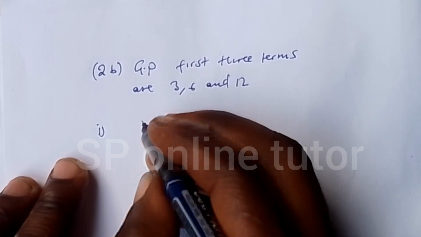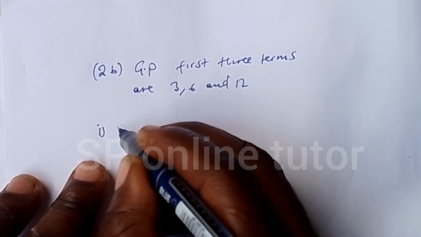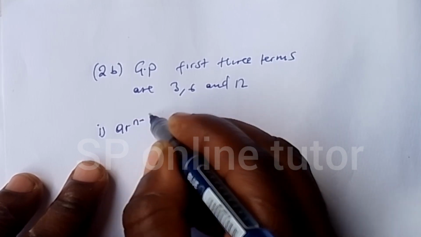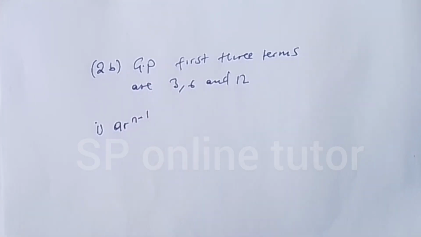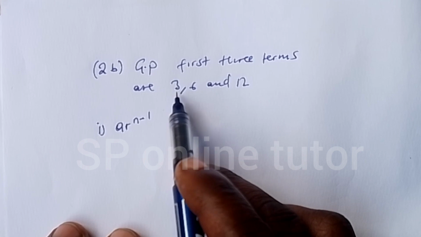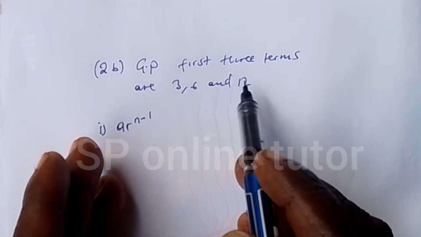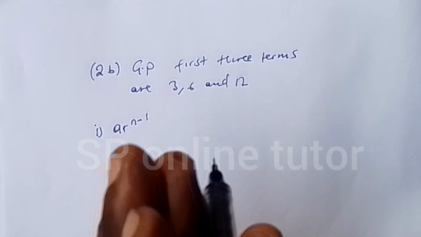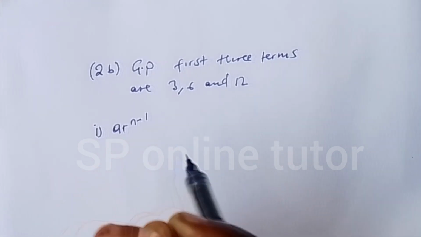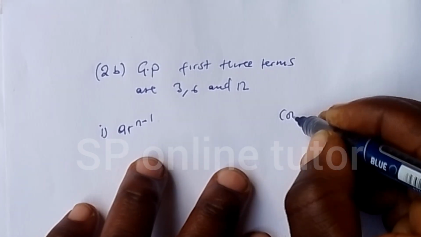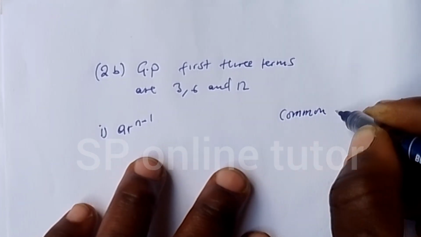The formula for the nth term of a GP is a r to the power n minus 1. If you can see here, we have the first term, which is 3, and r, the common ratio, and here we don't have a common ratio. So what you have to do is find the common ratio from these terms which you have been given here. So first, let's find the common ratio.